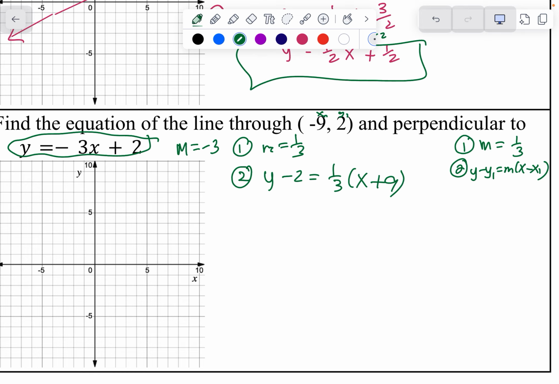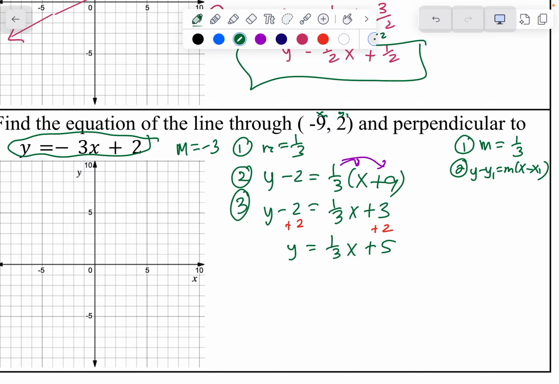Okay, so third step, solve it for y. So we're going to distribute. We get y minus 2 is 1/3 x plus 3. And then we are going to add 2 to both sides. So we get y equals 1/3 x plus 5.